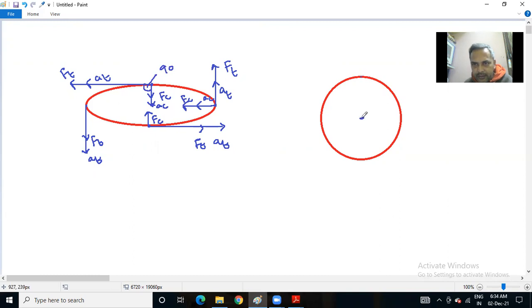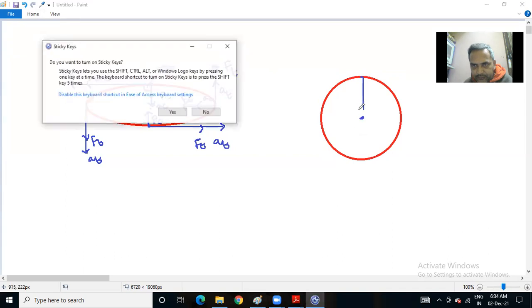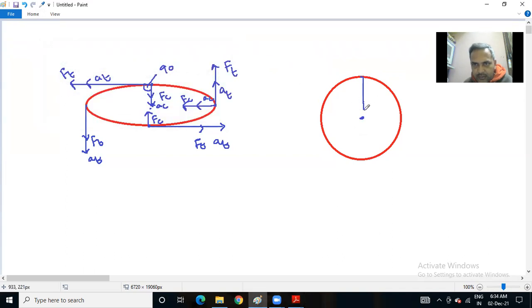Here is the center. Then when the particle is here, this is the direction of AC and FC. When the particle is here, this is the direction of AT, and this is the direction of FT. Similarly here, this is AT. This is FT.